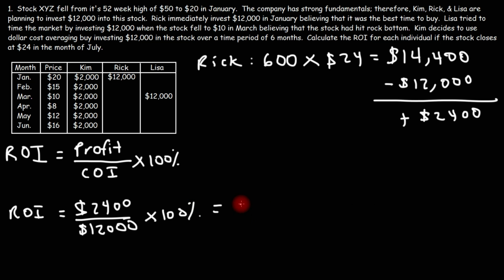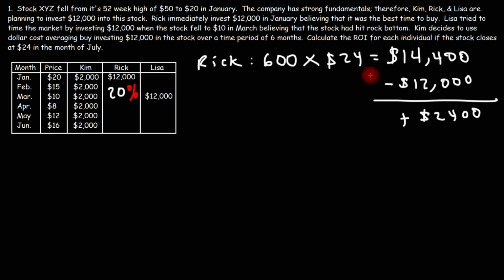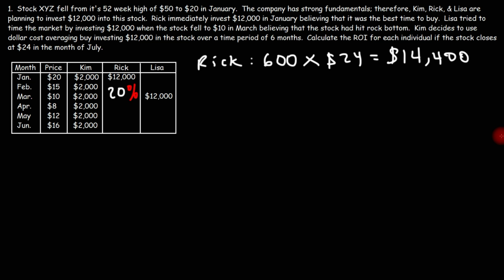So his return on investment is 20%. I'm going to put that here so we can reference it later. Not bad. The good thing is the stock closed higher than the price that he bought the stock at, which is always a good thing.